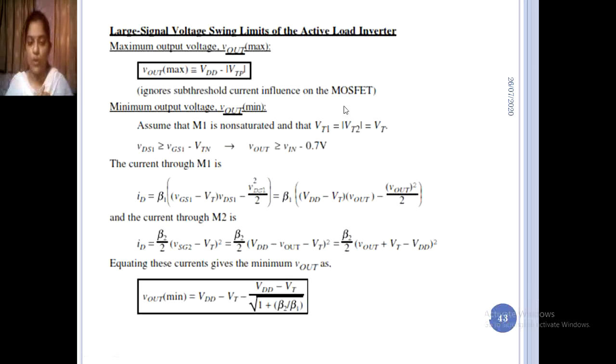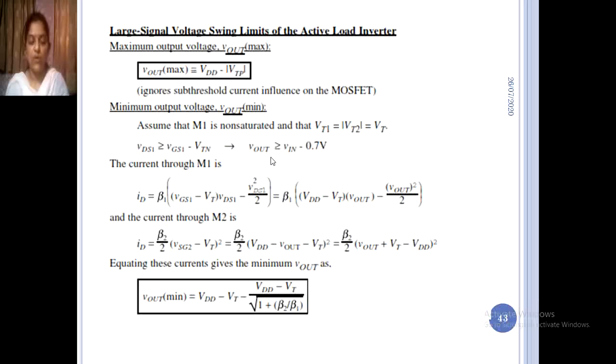For the minimum output voltage Vout, assume that M1 is non-saturated and that VT1 equals the modulus of VT2, equals VT. So VDS1 is less than VGS1 minus VTN. The same equation is written as Vout less than Vin minus 0.74.